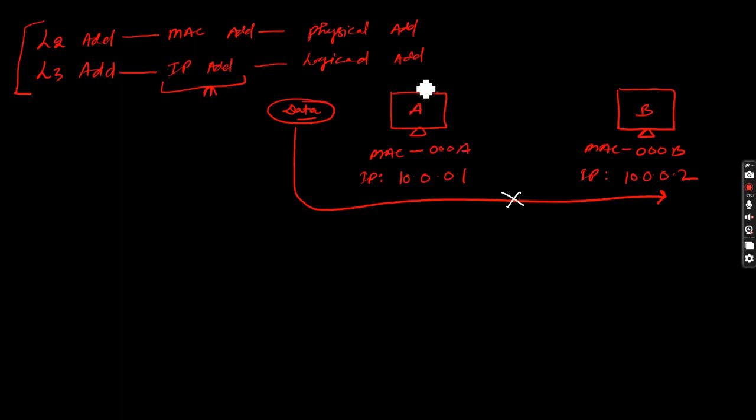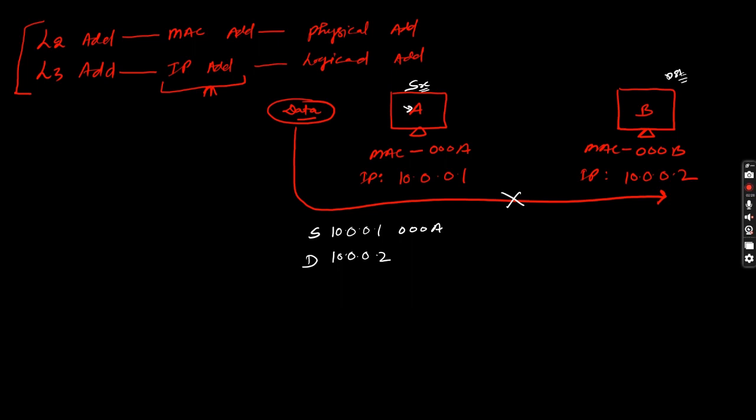This is your source and this is your destination system. So source is 10.0.0.1 and source MAC address is 000A. Destination is 10.0.0.2 and destination MAC address is unknown for this particular PC A.